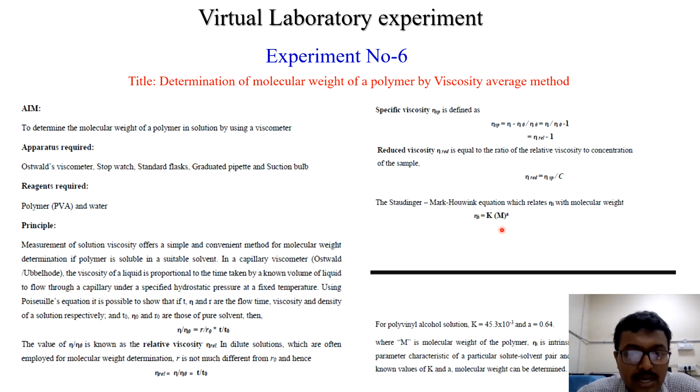From the experiment we'll determine the viscosity value, and the K value and A value will be given. Then we put the K value, A value and viscosity value in this equation and we will get the molecular weight. This is the principle of the experiment.